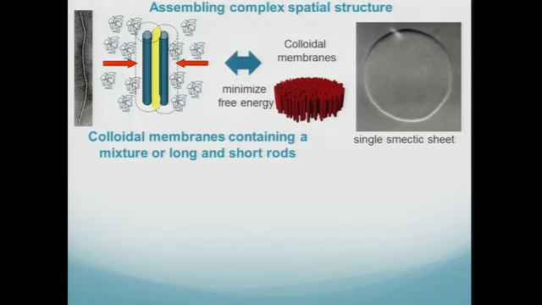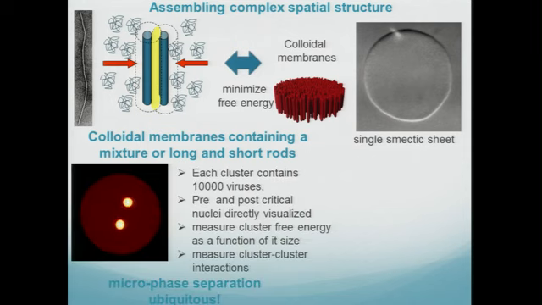But then we did a very simple experiment where we took 2 different rod lengths, a short rod and a long rod, which differ by 30% in size. And we only labeled the long rods. I don't know if you can see that, but I'll switch the light on for a second.